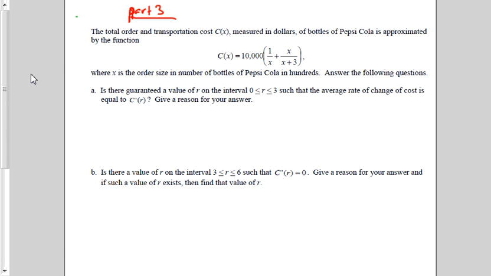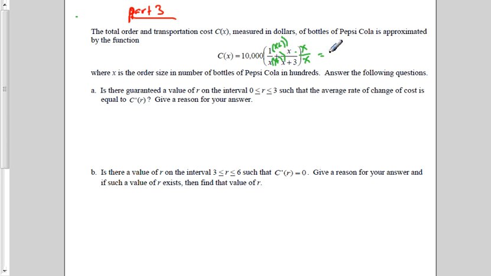So I'm just going to take time right now to rewrite C of x as one fraction. What do I need to do? I need to get a common denominator in here. So this part's going to have to be multiplied by x plus 3 over x plus 3. The second one's going to be multiplied by x over x.